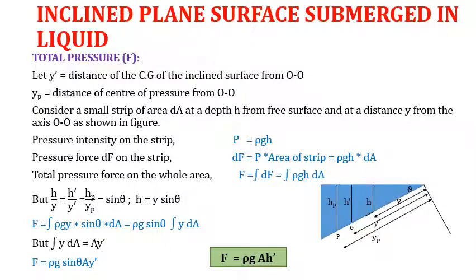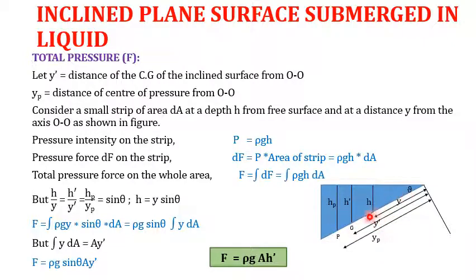Here we can also use the relationship of sine theta. This is our inclined surface, and this is the position of center of gravity and center of pressure, and its vertical distance from the liquid surface is h dash, while its distance from the O axis is y dash.